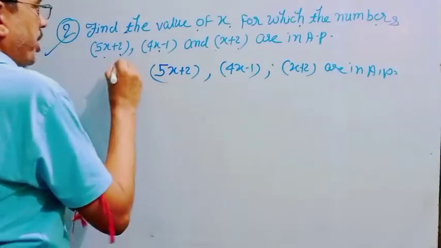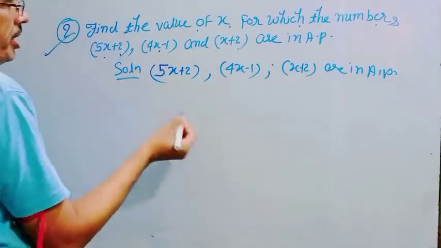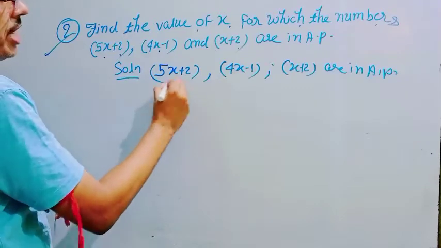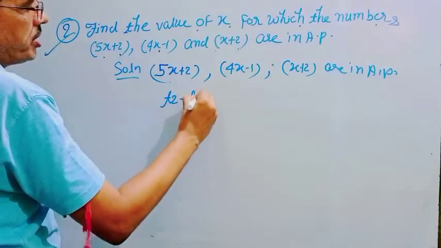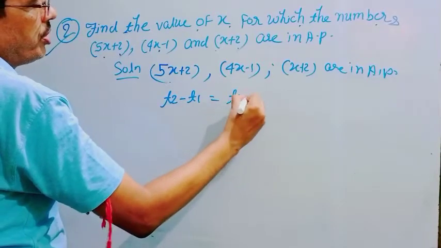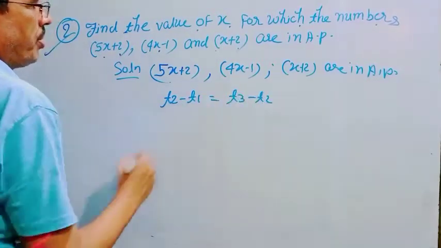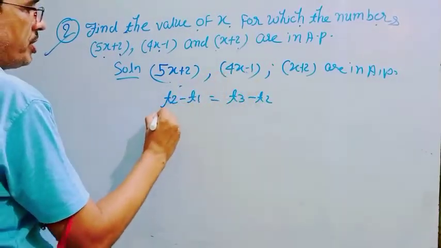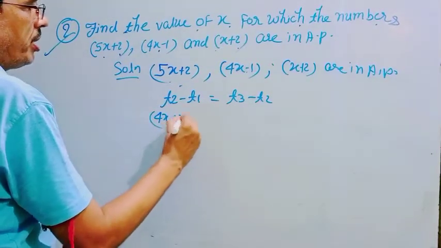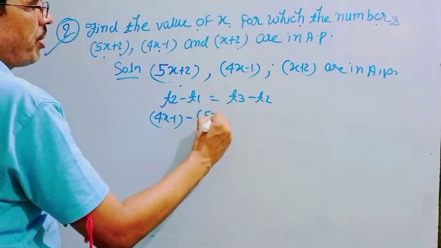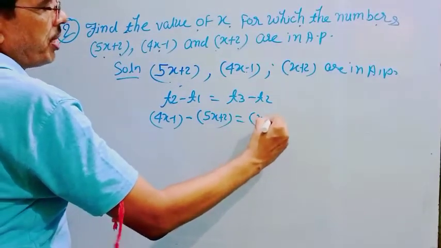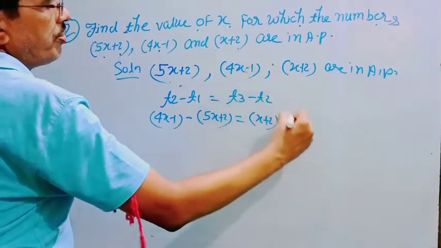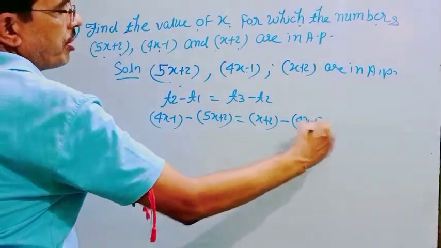In the solution, as I discussed before in these questions, if it is in AP, then T2 minus T1 is equal to T3 minus T2. What is T2? T2 is 4x minus 1, minus T1, 5x plus 2, is equal to T3, x plus 2, minus T2, 4x minus 1.